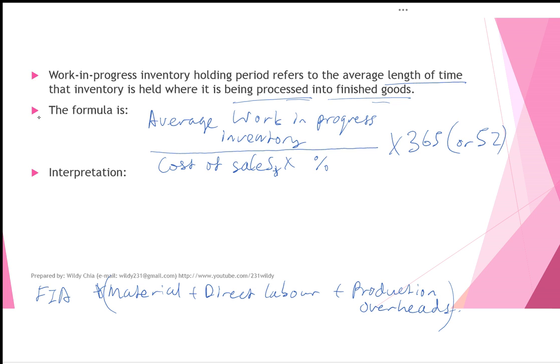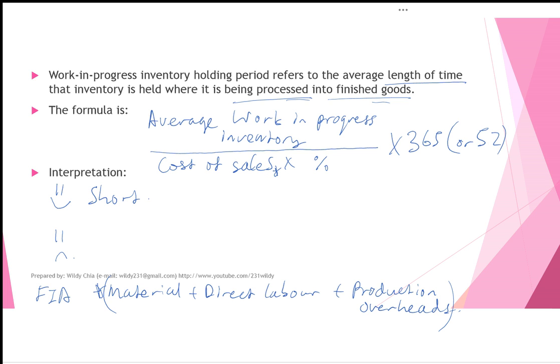The interpretation. How do we interpret? Generally, a shorter work in progress period is desirable, right? Like what I mentioned just now, the short holding period is desirable because it means less working capital tied up in inventory, right? And the funds can be used very quickly, once it's recovered from the stocks, to reinvest in new stocks. And new stocks can be produced.